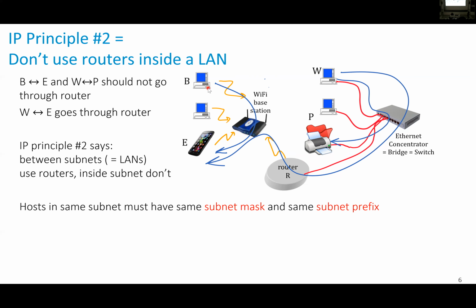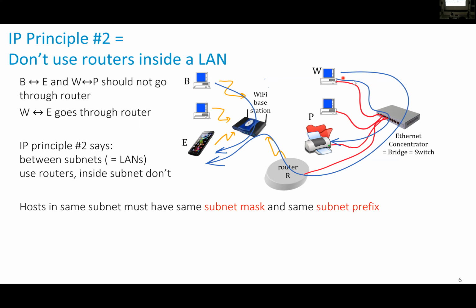And now the second principle, which is fairly obvious but has a number of consequences, says that if B communicates with E, you should not send everything to the router. You should simply find a way to communicate directly. Directly means that we use the local area network technology that allows us to communicate. For example, when B talks to E, they should go via the Wi-Fi base station. When W talks to P, they should go through the Ethernet concentrator here.